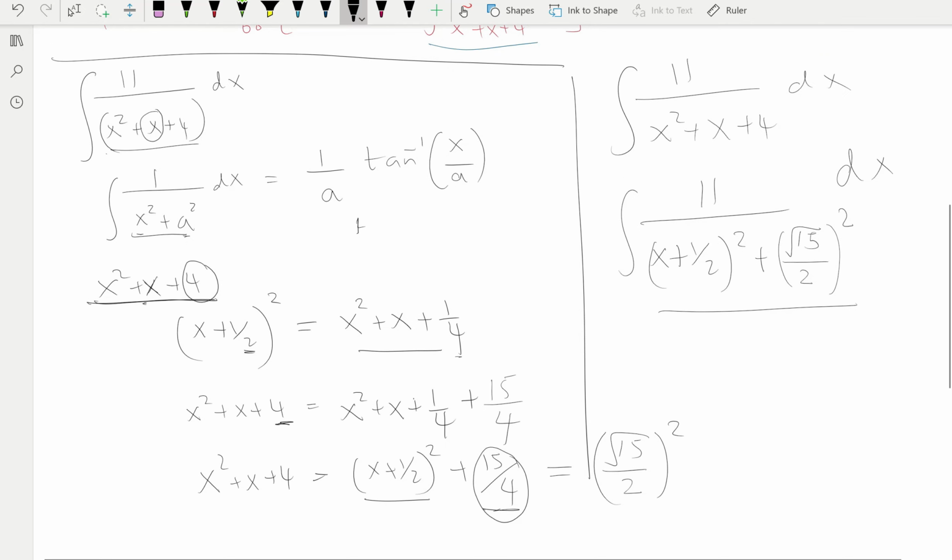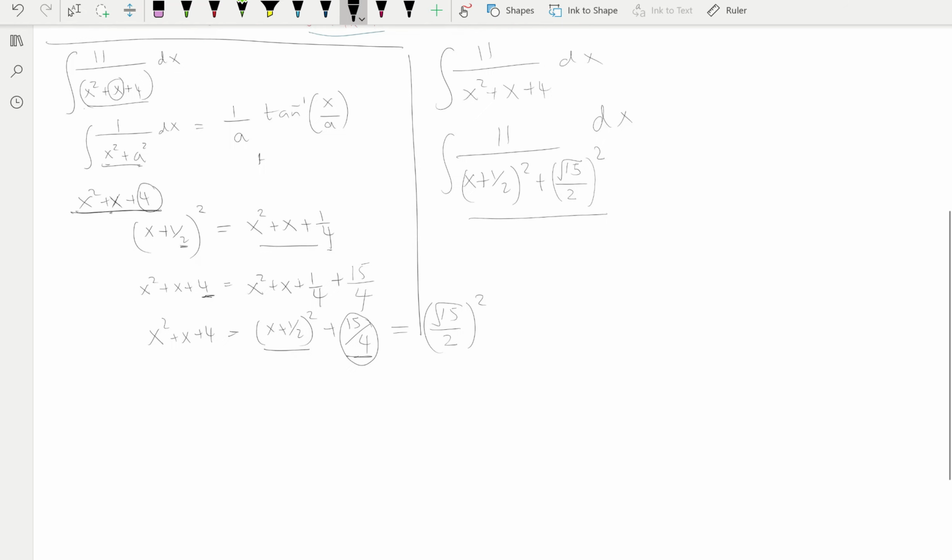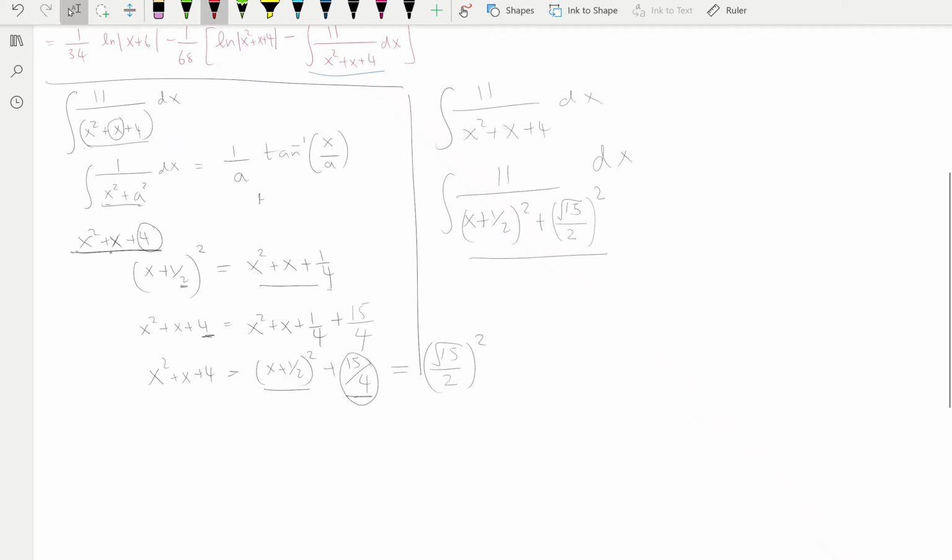So we get this by the completing the square method. Now, using the tangent rule. In the tangent rule we have x square, but instead we have x plus half square. So x plus half plays the role of x; x is actually a placeholder. So what is a? a is square root of 15 over 2.